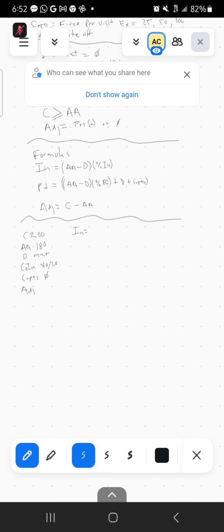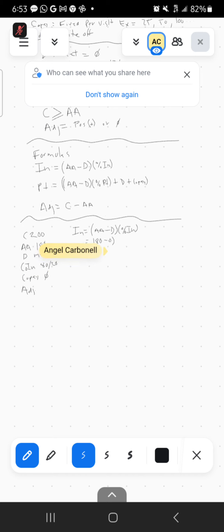Now, you're going to say, okay, what is the formula for insurance? Well, it's the allowed amount minus deductible times the percentage for the insurance. And then the only thing you have to do is substitute the numbers. So allowed amount is 180. Deductible, it says met, so that means that that's 0.